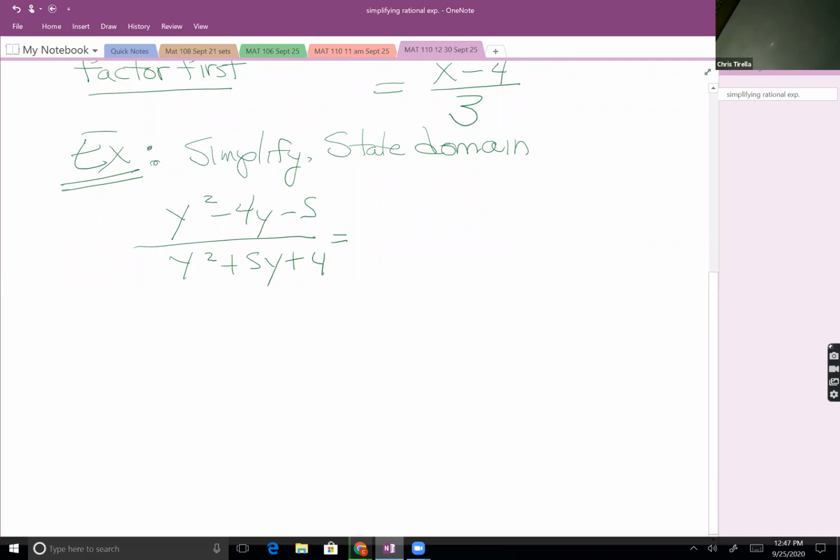I'm going to give you maybe a minute and a half, or if everybody gets done sooner. So please simplify that, but also before you simplify it, state the domain and we'll see how everybody does.